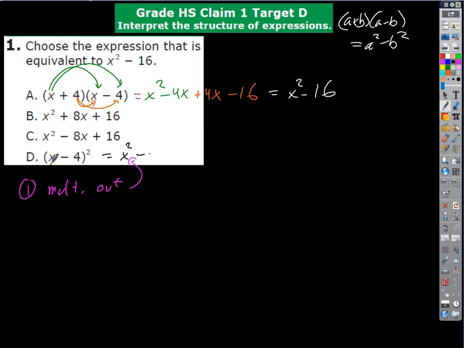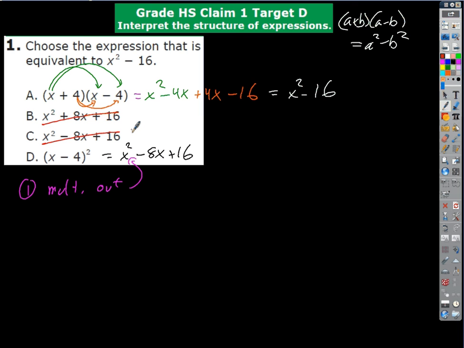So 2 times x times 4 is minus 8x plus 16. So that's not equal to that. Those aren't the same. Equivalent means the same as, right? So those two aren't the same. Everybody agree?